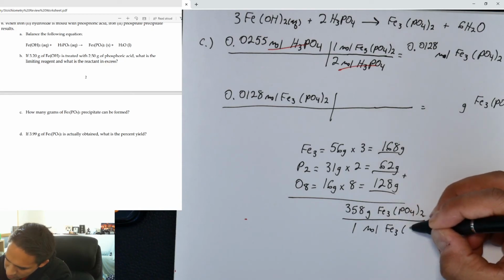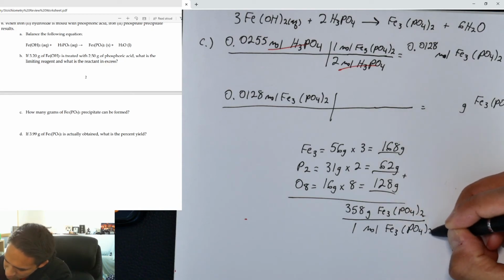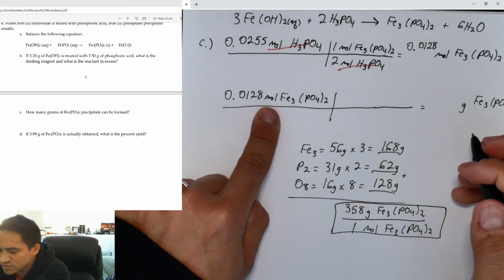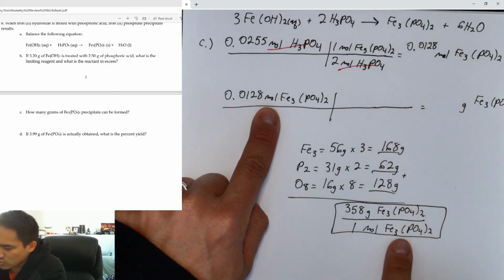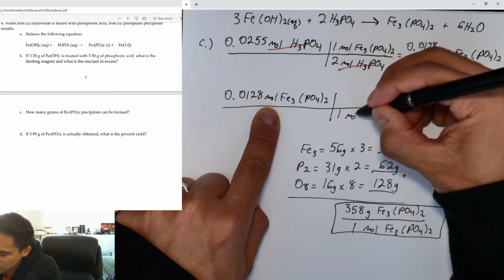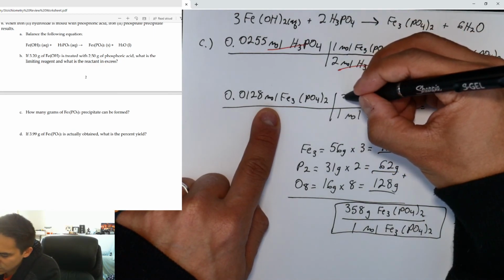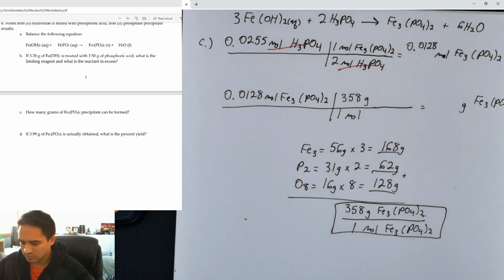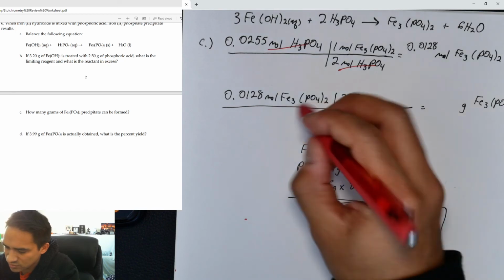All right, so here is our conversion factor. Here's my moles of the material. So the 1 mole in our molar mass is going to go on the bottom, and the 358 grams will go on the top. That way moles cancel with moles.